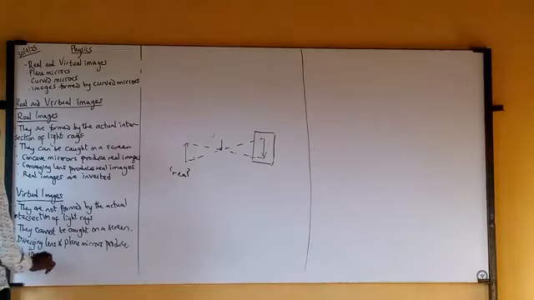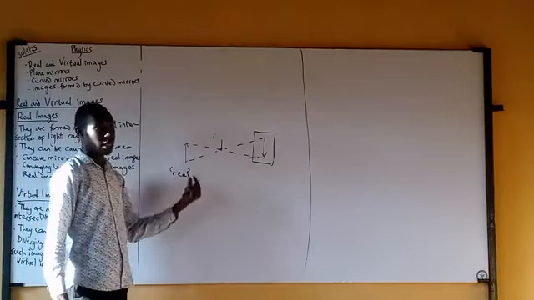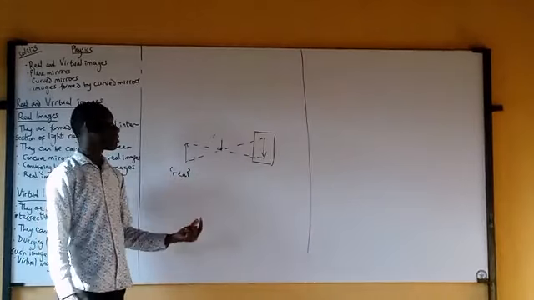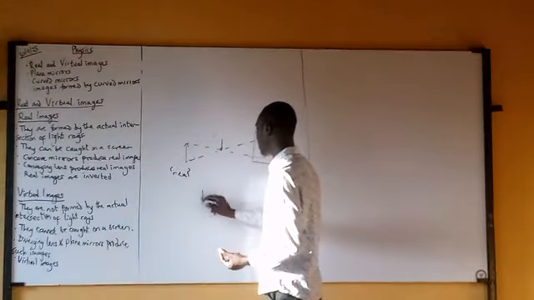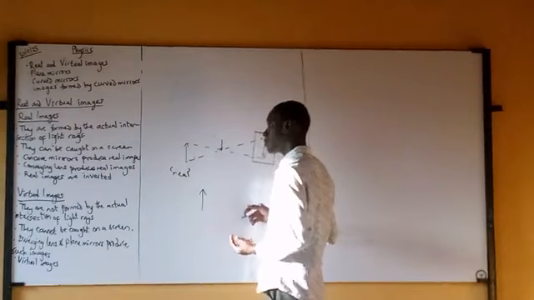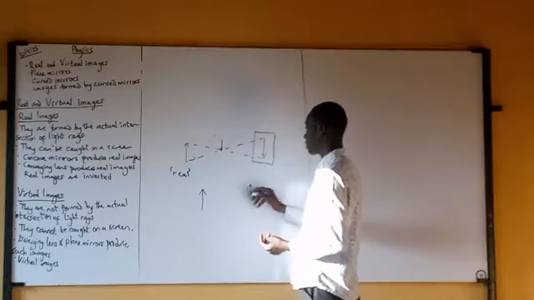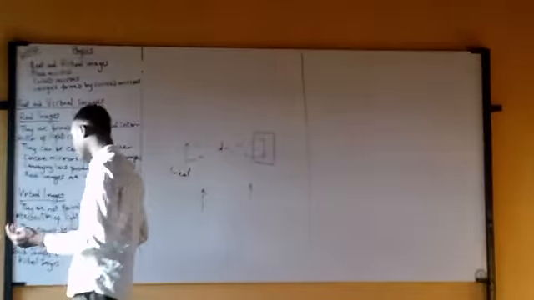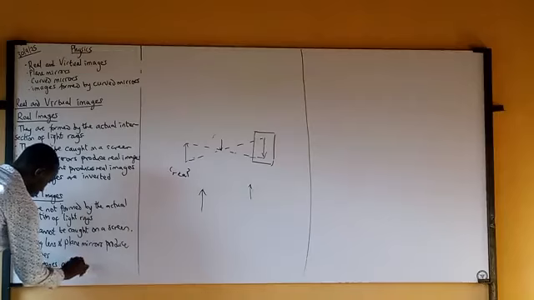That is the exact orientation in which the object is, the exact direction the object is facing is what you are going to get in the image. So for virtual images, you have something like this. The image formed, even though you cannot see it on the screen, is still going to be erect, in the same orientation or direction as the object. Virtual images are erect.